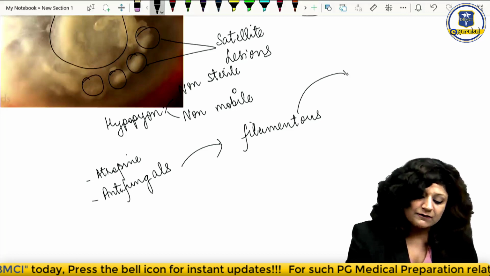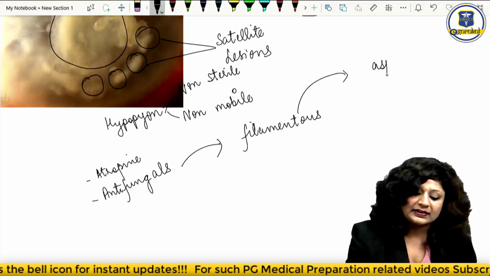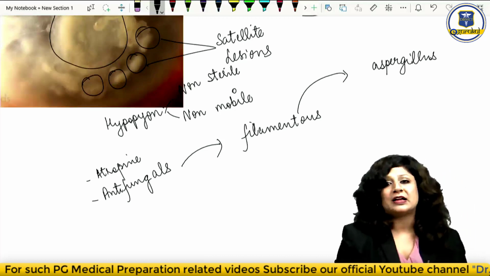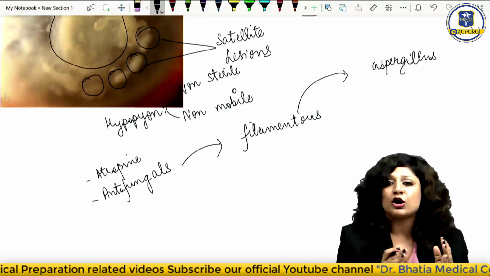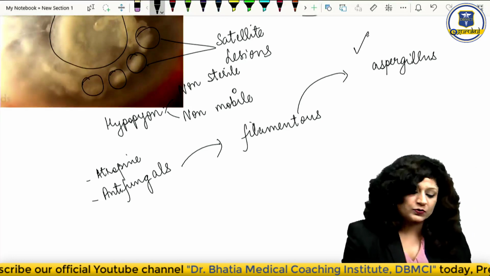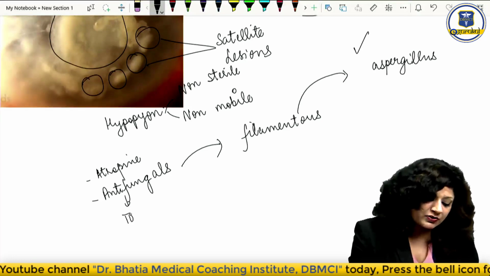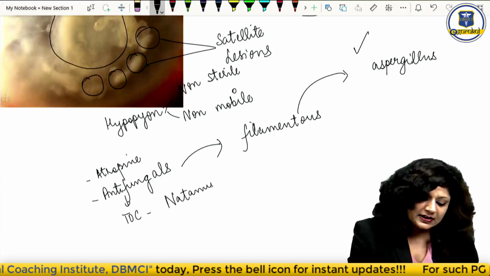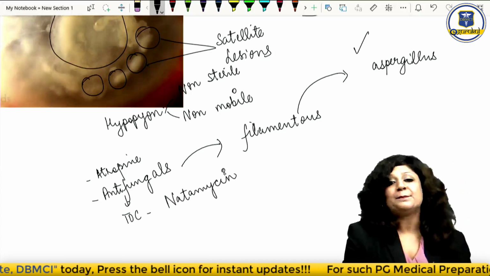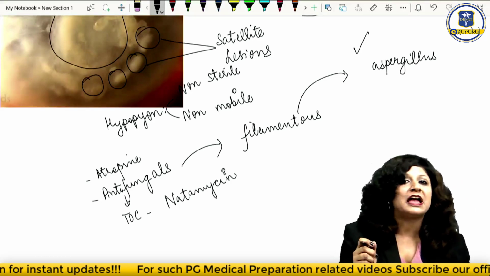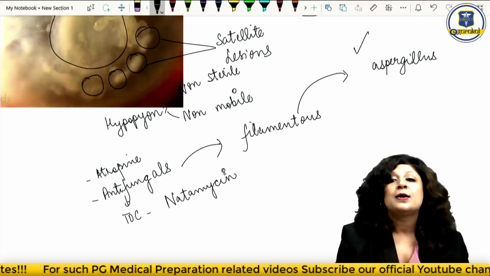The filamentous fungus we get most commonly is Aspergillus. As I know that the most common fungus responsible for fungal corneal ulcer is Aspergillus, the antifungal which is the treatment of choice is natamycin. Natamycin, or Natamet, is the treatment of choice whenever we have a fungal corneal ulcer caused by the filamentous fungus.